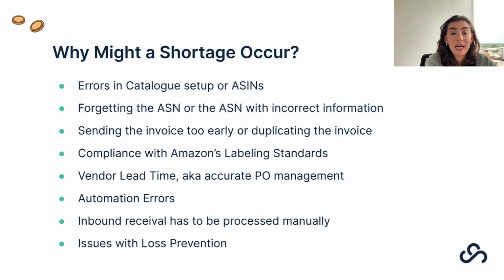Other things are inbound receival has to be processed manually. That comes back to your packaging and your labeling, making sure it's easy to scan through the sensors that Amazon has when receiving or sorting a package. And then lastly, issues with loss prevention. We dive more into that in the Amazon returns webinar that we have, and I know Peter shared that in the chat.